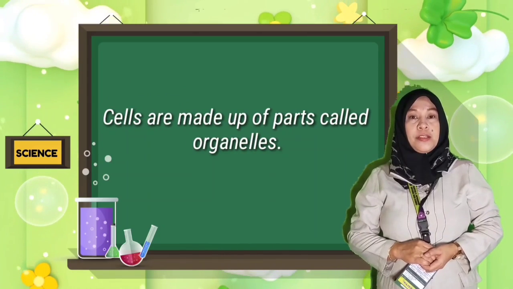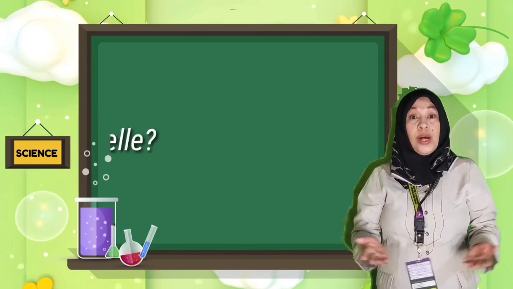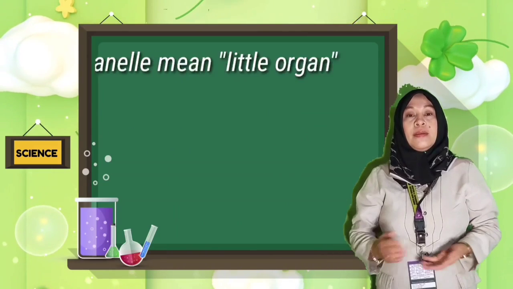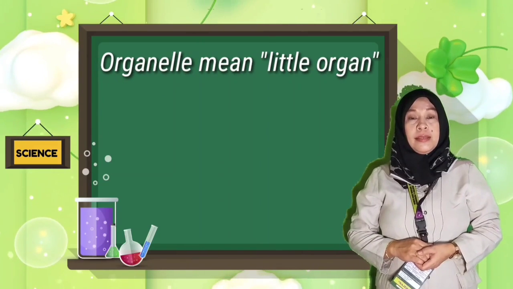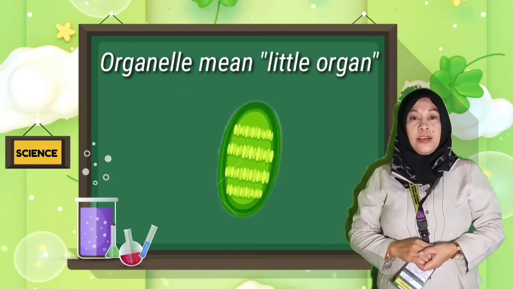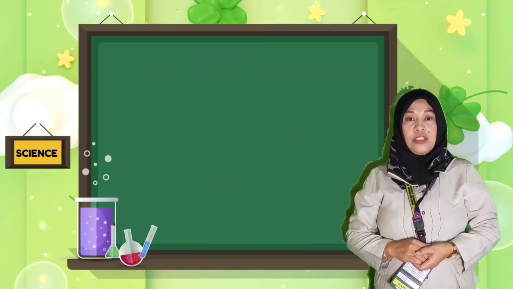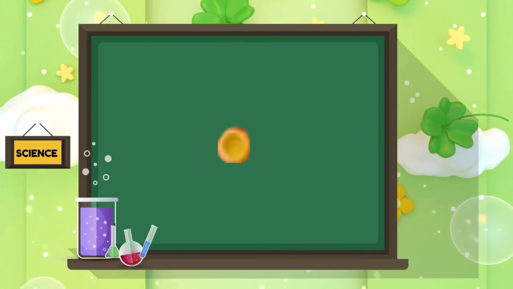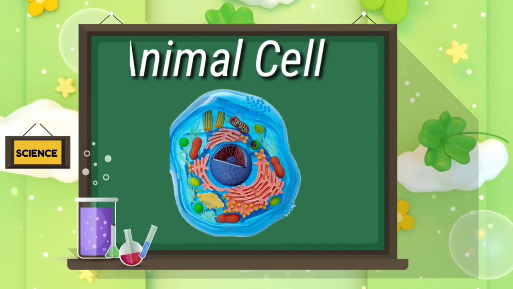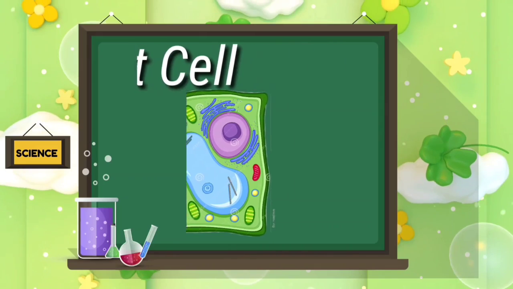Cells are made up of parts called organelle. So what is an organelle? Organelle means little organ. They are a specialized part of the cell that have function. These are some of the examples of the organelles that can be found in the animal cell and plant cell.